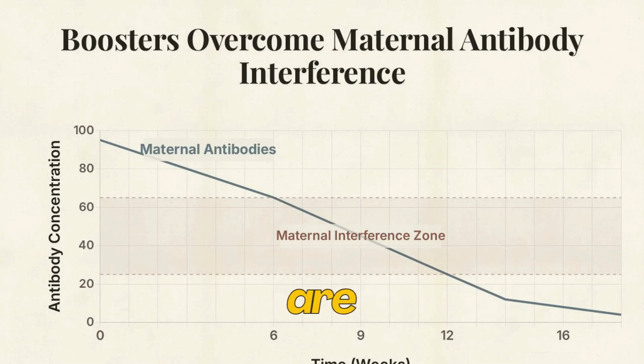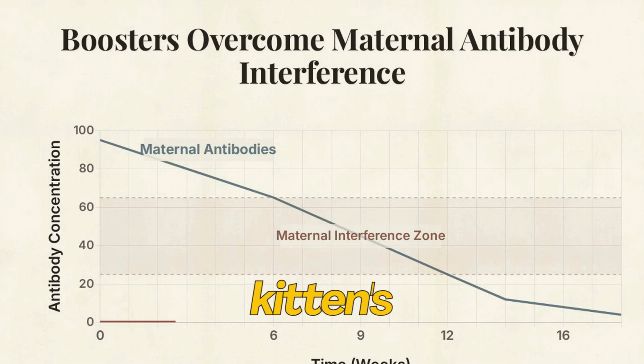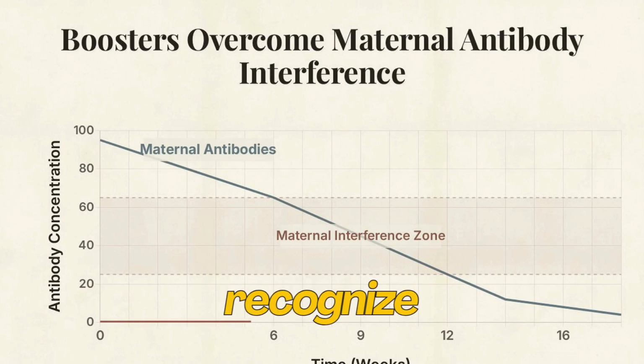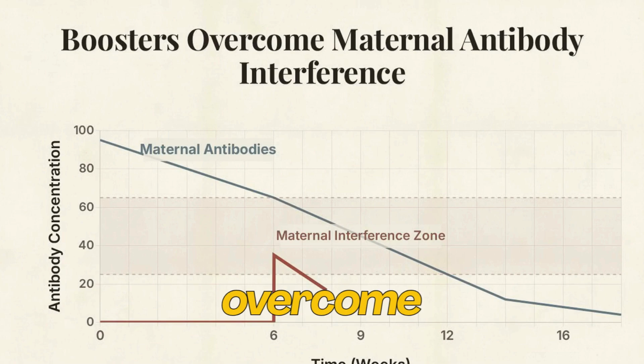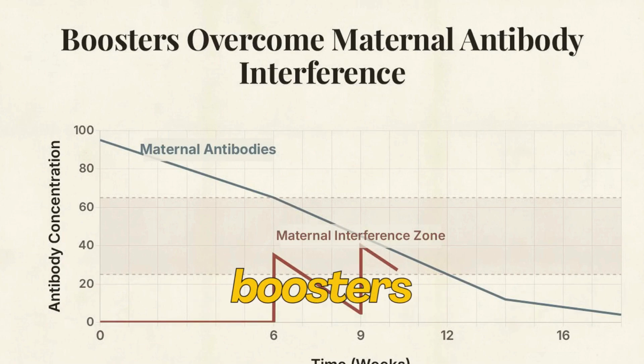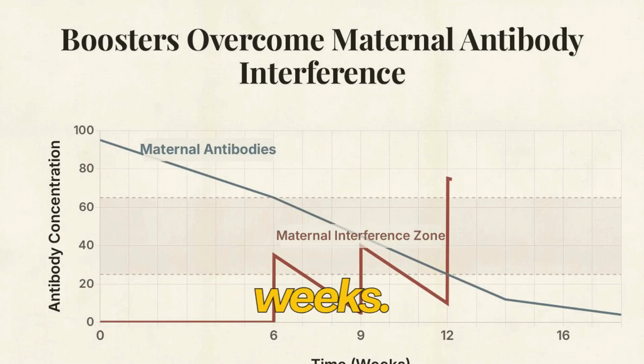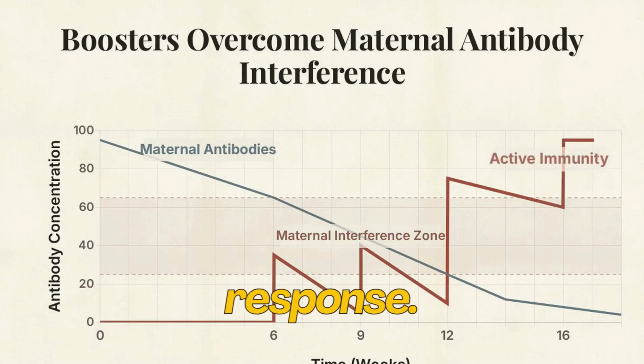If maternal antibodies are still present, they will destroy the vaccine before the kitten's own immune system can learn to recognize the virus. To overcome this, veterinarians administer boosters every 3 to 4 weeks. This ensures that as soon as maternal protection drops, a vaccine dose triggers the kitten's long-term immune response.